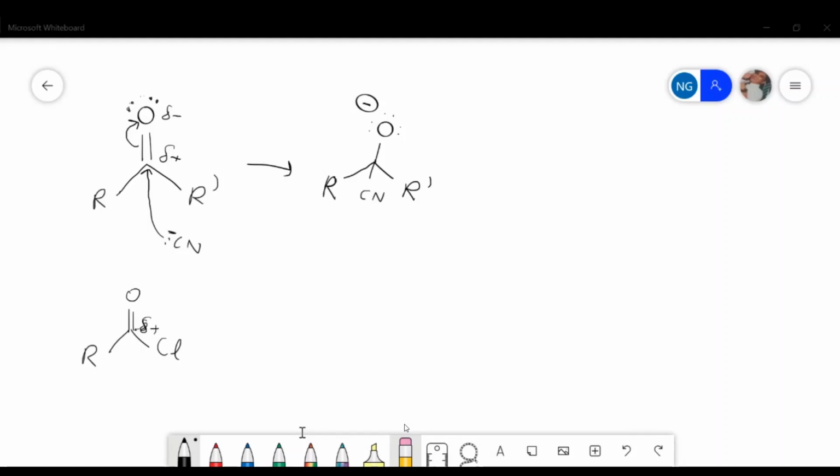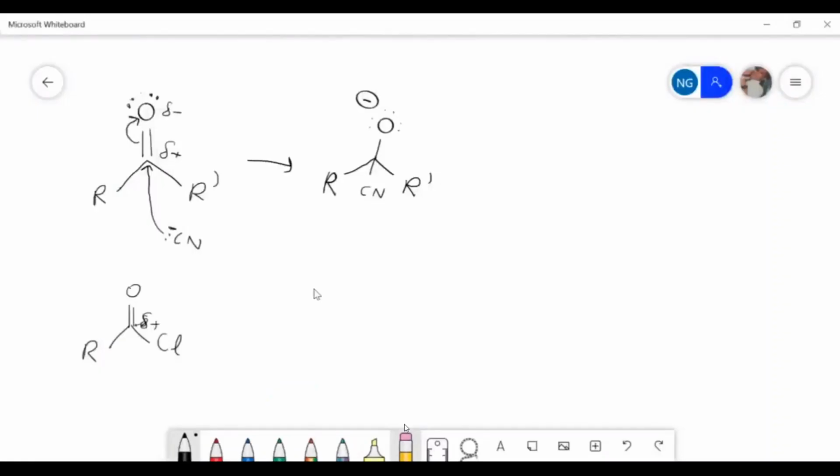So it still makes that carbon quite susceptible to nucleophilic attack, because the inductive effect isn't as strong as the partial positive charge that you get from an electronegativity difference between the oxygen and the carbon. Does that answer your question? Alright, fantastic, let's move on.